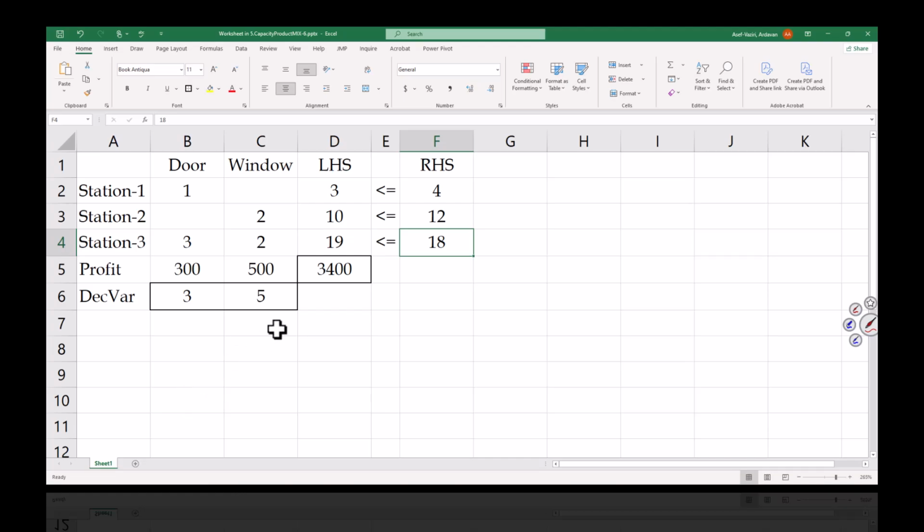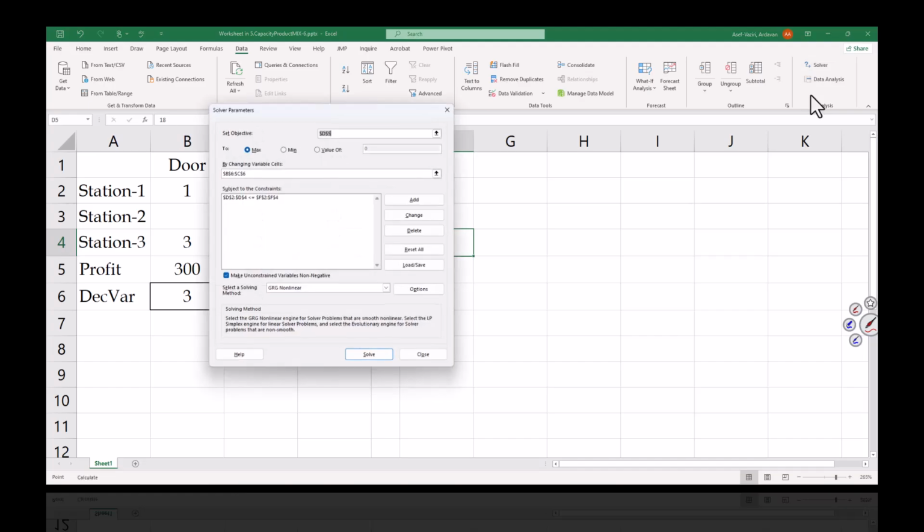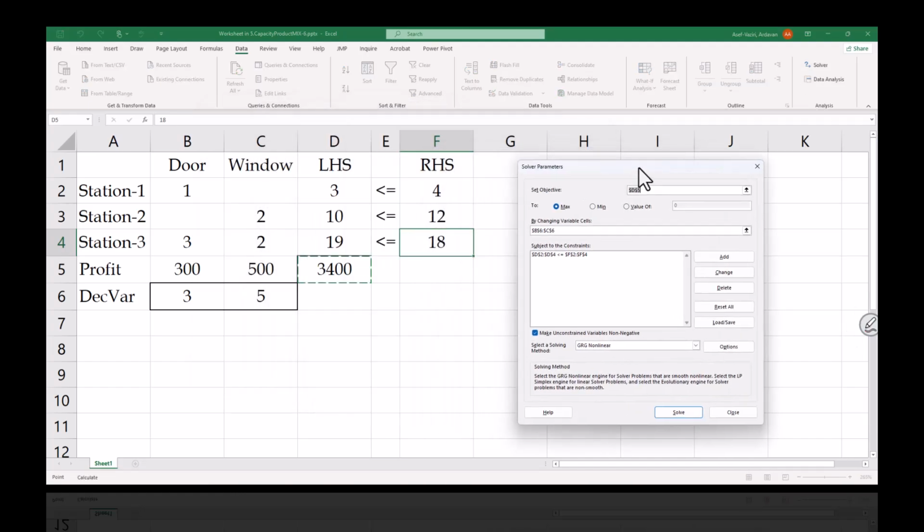Now, how do I solve this problem? I go to data, I click on solver, and then I ask solver, Mr. Solver, please maximize this. Don't minimize it, maximize it.